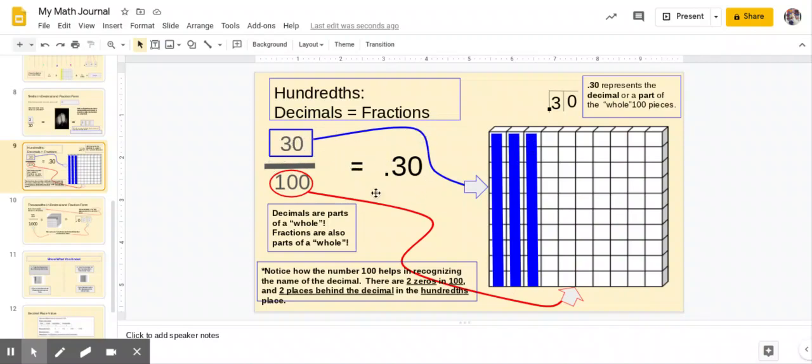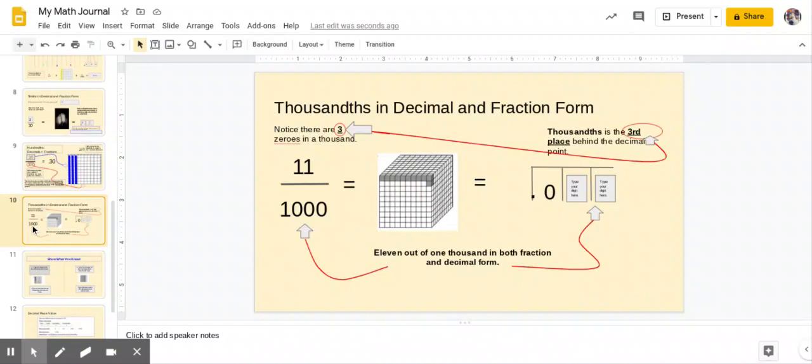So as a decimal, we have 30 hundredths. So if we look here, you notice there are 2 zeros behind the 1 for 100. So our number goes 2 places behind the decimal to make the hundredths place.